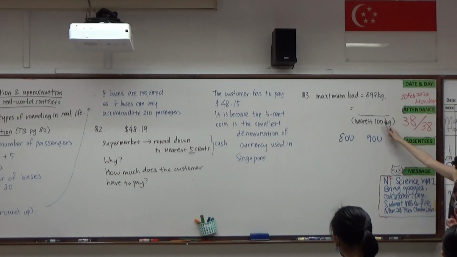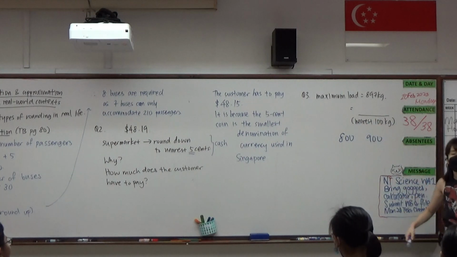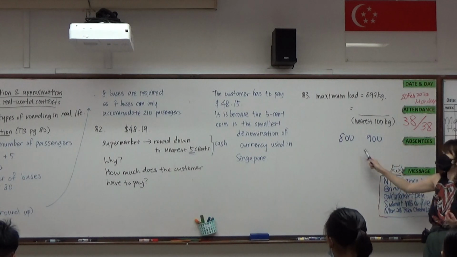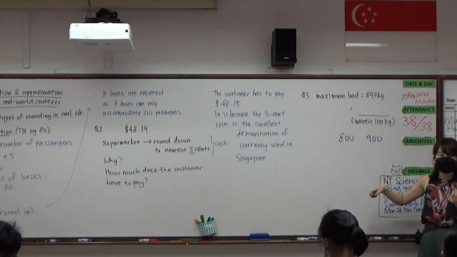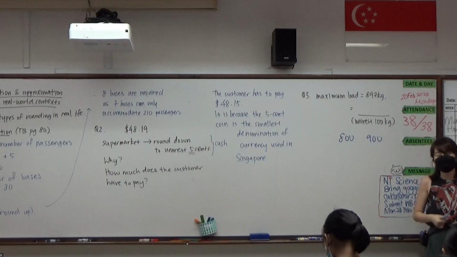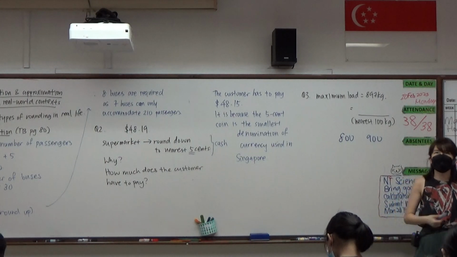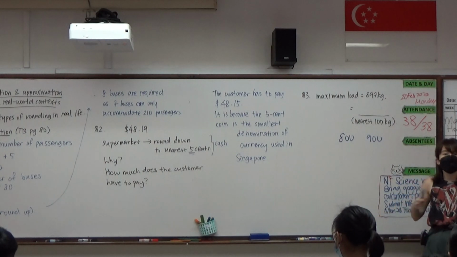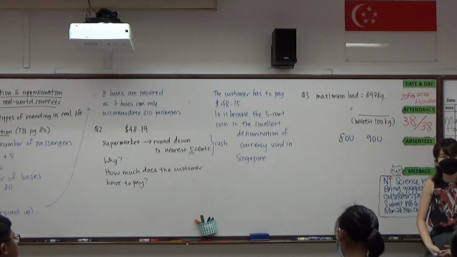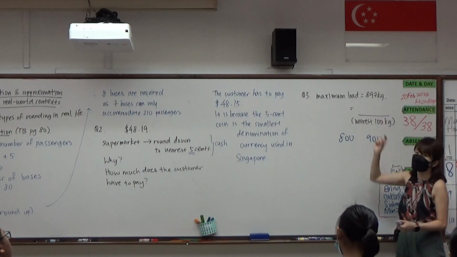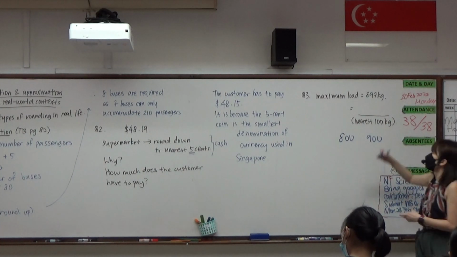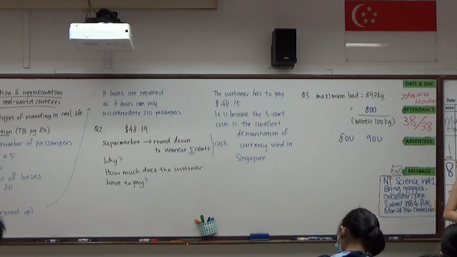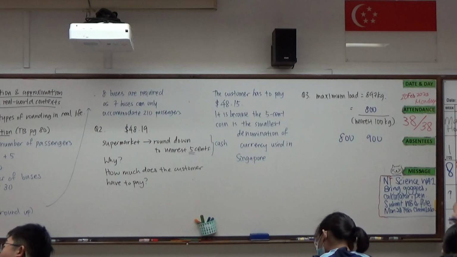So that's why, when it comes to labeling the lift itself, you would rather put the lower number than the higher number. Because if you put the lower one, at least if a person puts in a heavy load, maybe your refrigerator, 800 kg, at least the lift still can function, because you still have this 97 kg as an allowance. Therefore, we should choose 800 kg to be the maximum load.